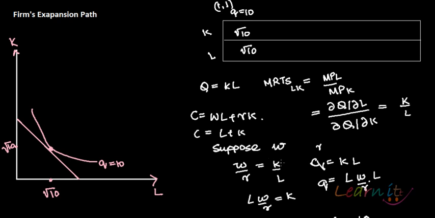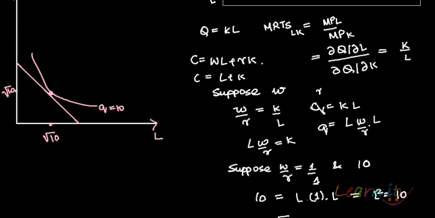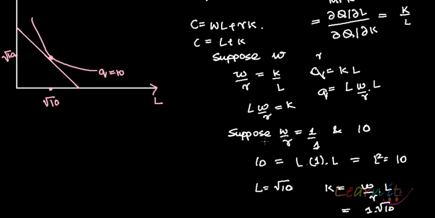Now suppose I want to produce a higher amount of Q, say Q equal to 20. Everything else is unchanged. I know that Q is equal to L W by R into L according to this formulation.